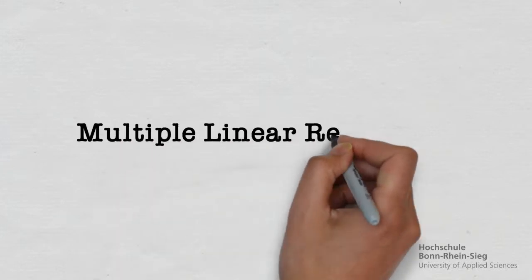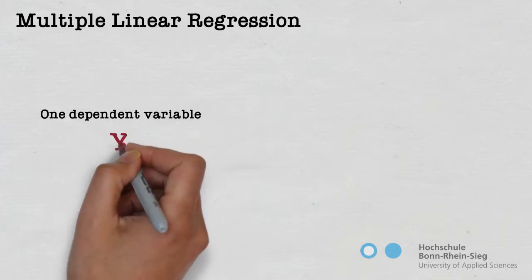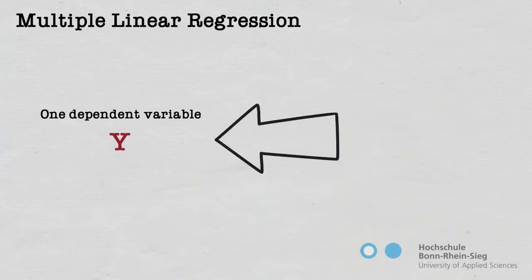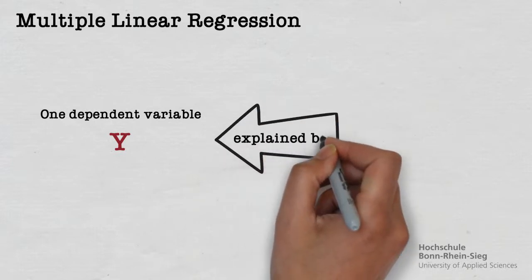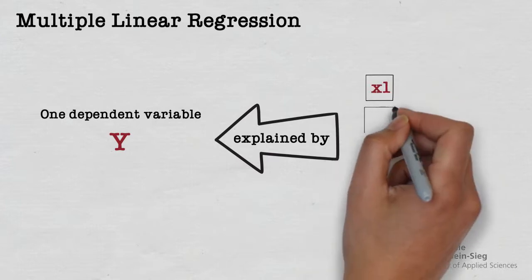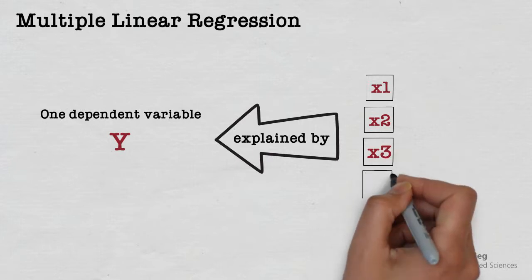So multiple linear regression is one dependent variable called Y explained by multiple other variables x1, x2, x3 and so on for a multiple number of x's.